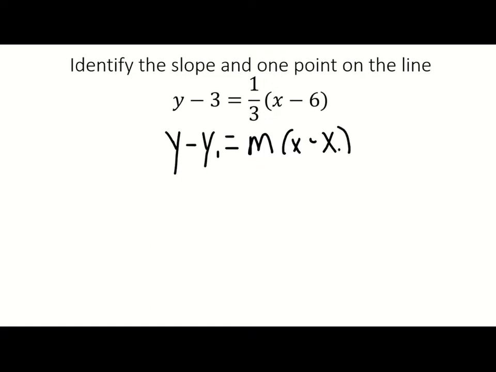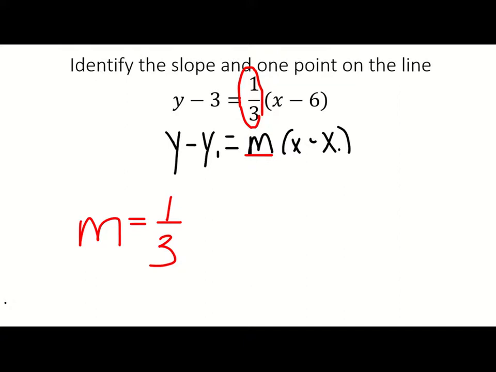So when I write the slope and point from the line, the slope is going to be the number that is after the equals but in front of the parentheses. In this case, if I match up my two equations, the slope would be 1/3. So I would say the slope of this line is 1/3.